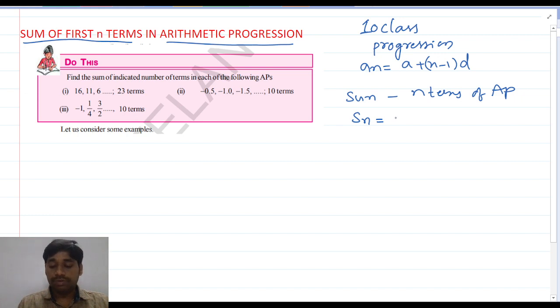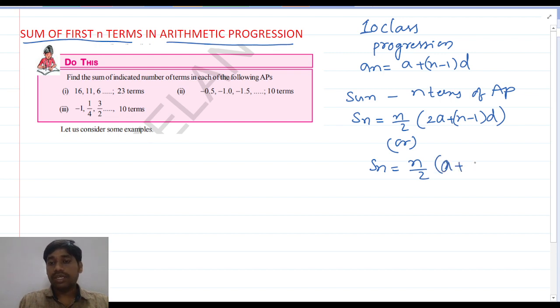There we discussed that Sn is equal to n by 2 of 2a plus n minus 1 into d, or we can also use the formula Sn is equal to n by 2 of a plus an, where an is the last term. With the help of these two formulas, we will now solve the rest of the problems.